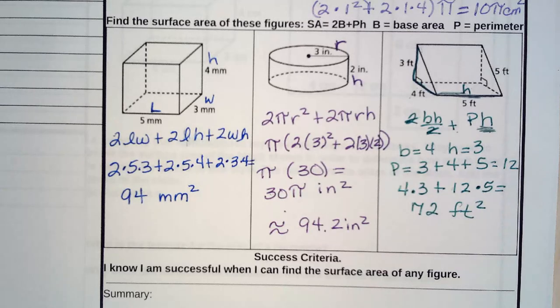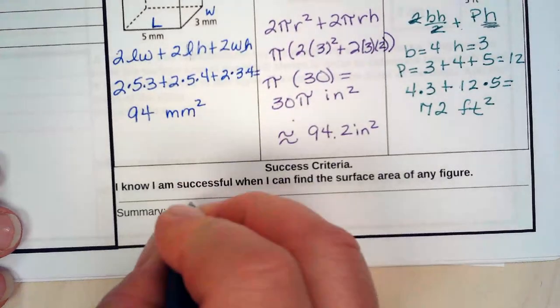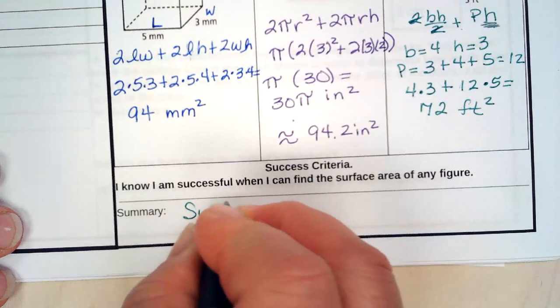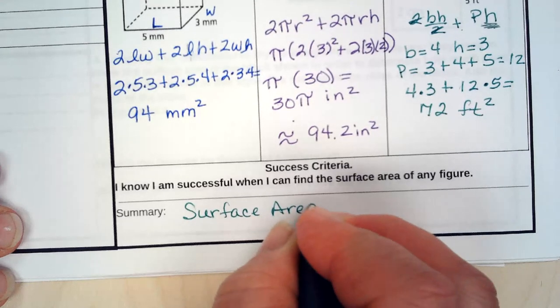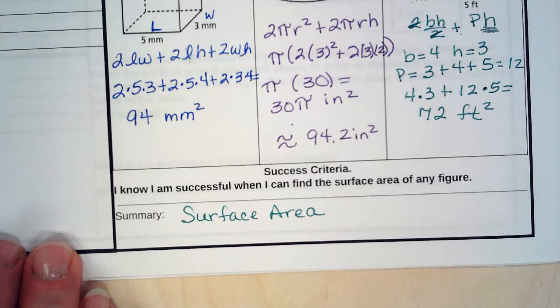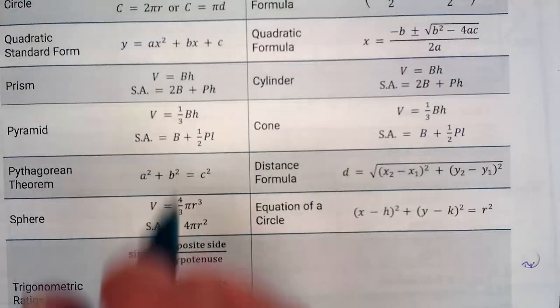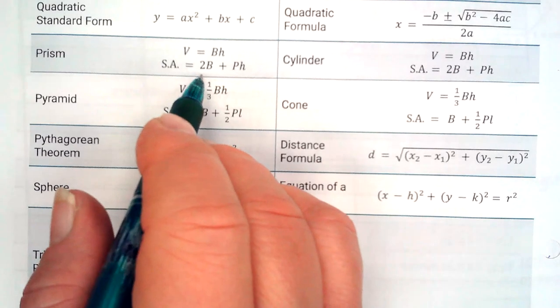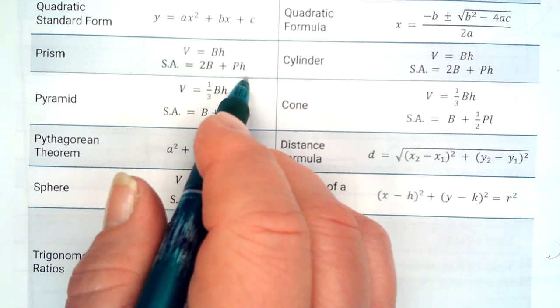So how do you know you're successful? You know you're successful when you can find the surface area of any figure. So right now we're looking at right cylinders and right prisms. The surface area of a right prism is 2 times your base area plus your perimeter times your height.